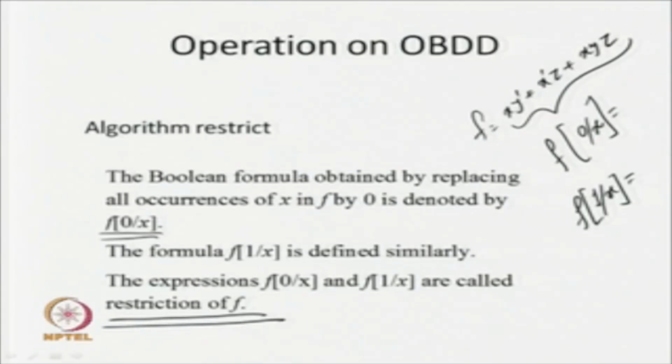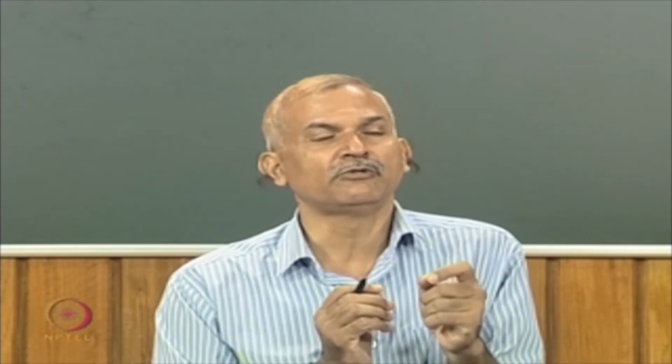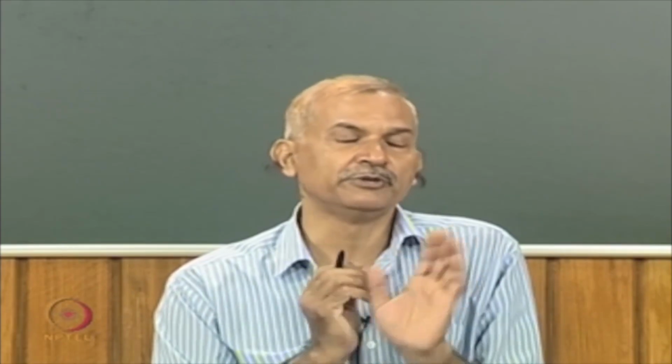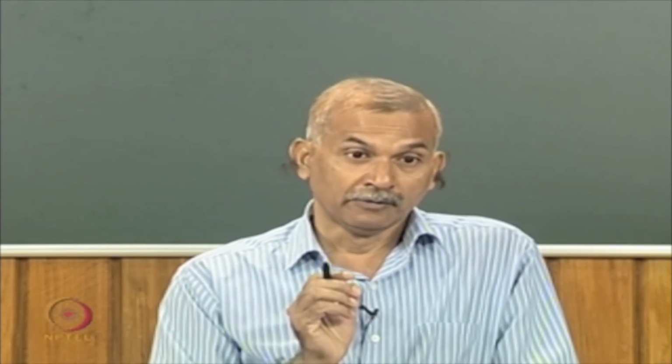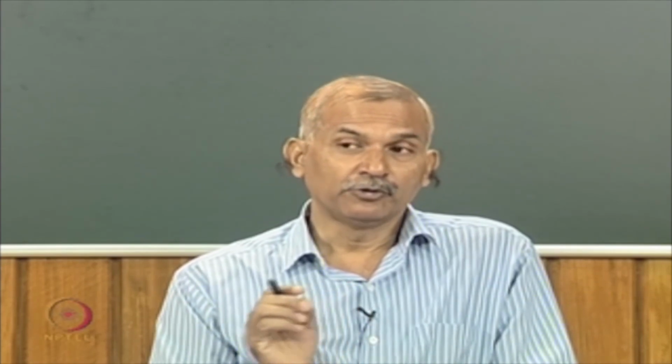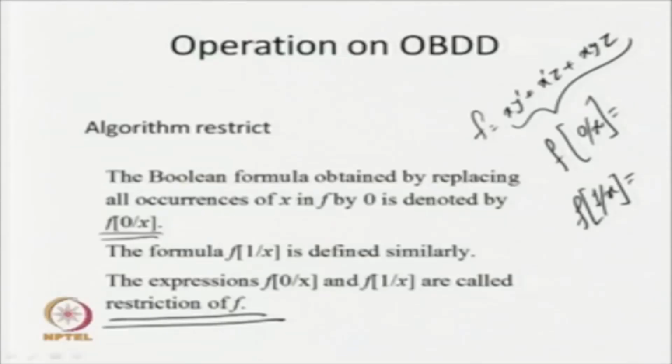I have a function which depends on several variables, but I am saying restrict that function for one particular variable to be 0, or restrict that function for a particular variable to be 1 only. So, this is the restriction of this function f. So, we are going to have restriction of this function f with x replaced by 0 or x replaced by 1.